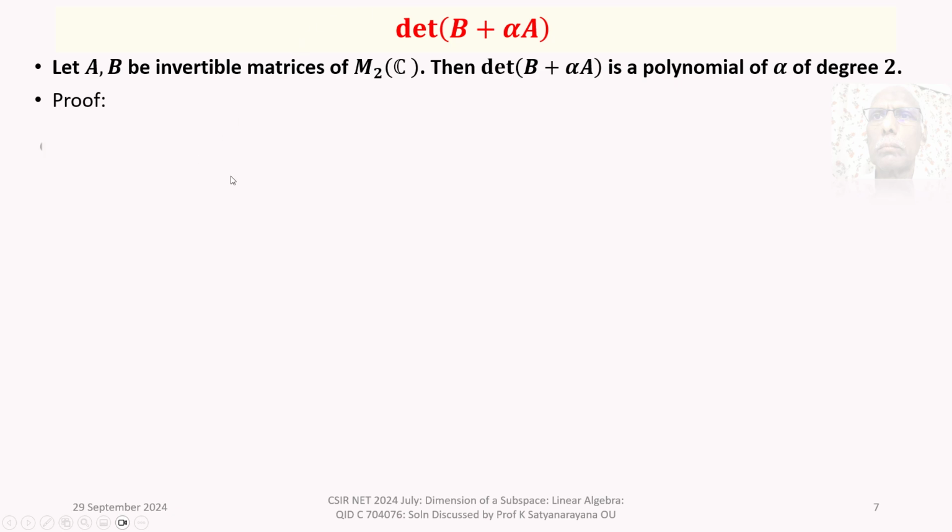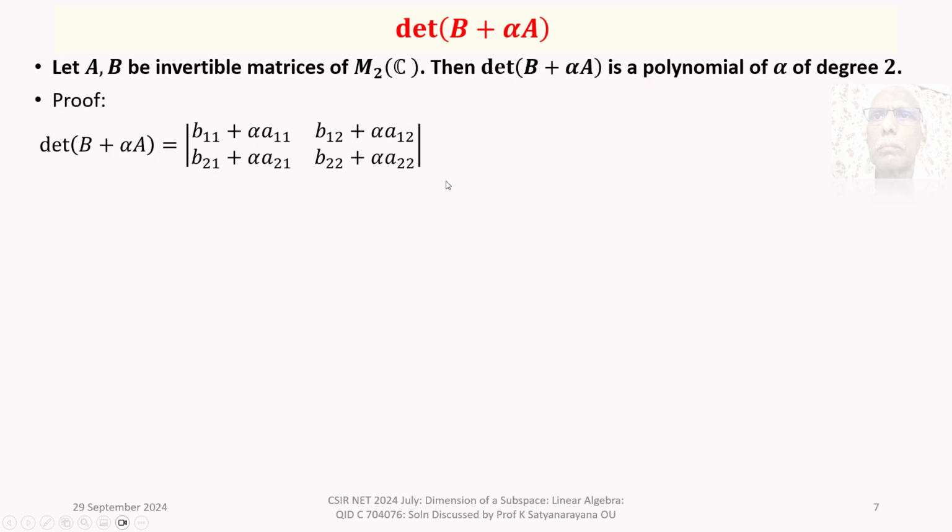Let's look at the proof. Determinant of B plus alpha A is equal to determinant of B11 plus alpha times A11, B12 plus alpha times A12, B21 plus alpha times A21, B22 plus alpha times A22. Now expand. Use the properties of the determinants.